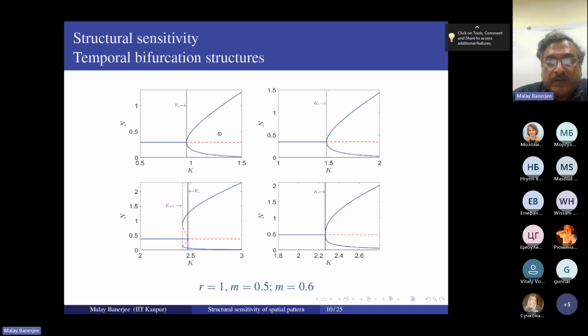For this picture, as well as this picture, m is fixed at 0.5 with r equal to 1.